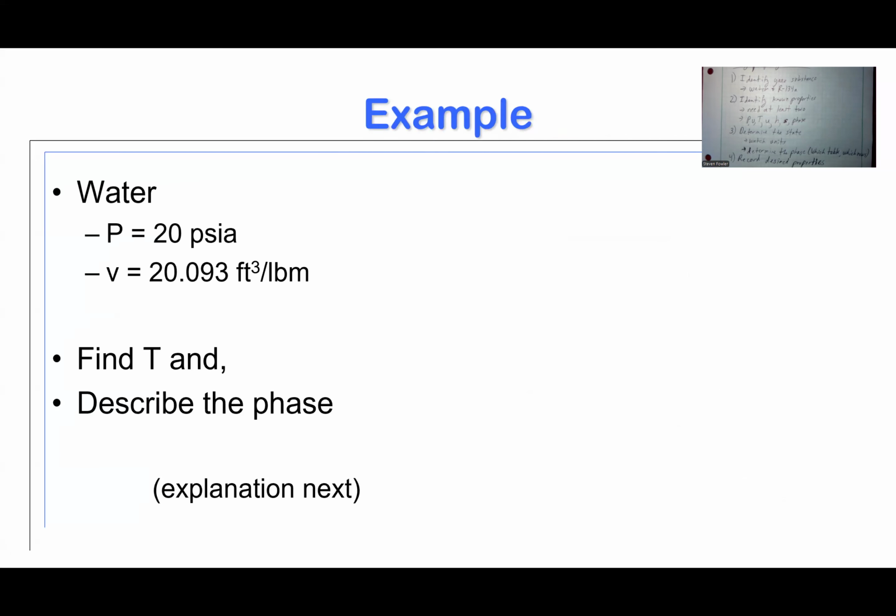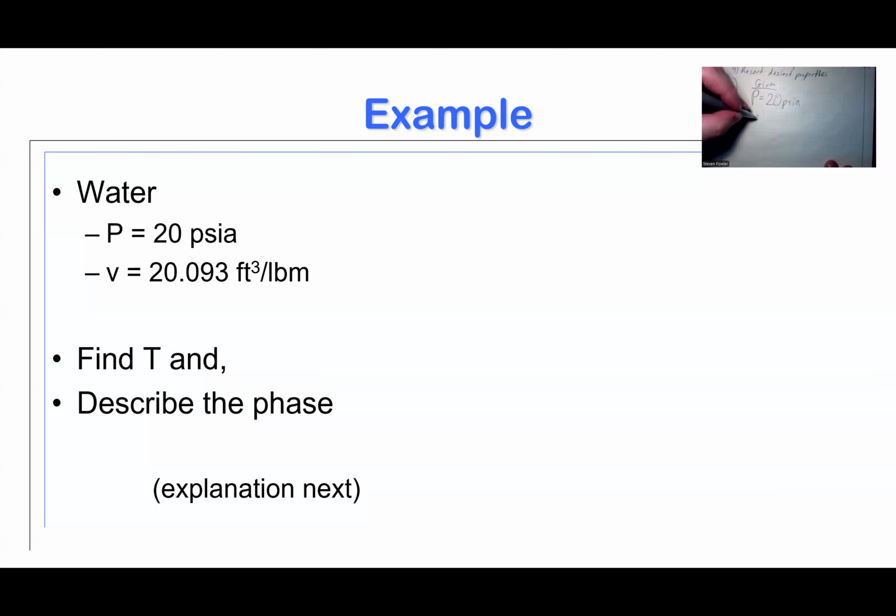Okay, so here's a basic, very simple example. I'm going to write it out here, kind of large. We have this recorded: pressure, 20 pounds per square inch absolute. These are my givens, the given information.